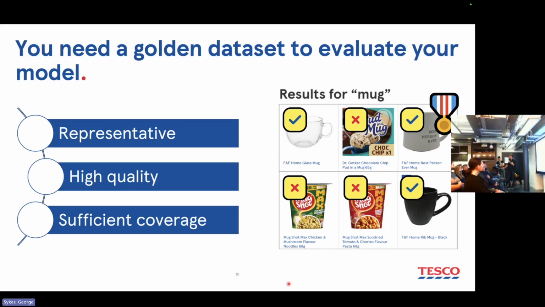It needs to represent the types of queries and recall sets that you see in your system. Above all, it needs to be high quality. These need to be truly trusted judgments. And then the final thing is it needs to have sufficient coverage. So it needs to have a large enough data set that when you do the analysis of your judgment quality, you can be accurate in terms of the statistics that guide you.